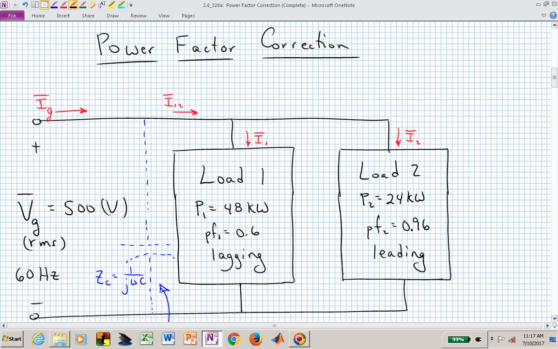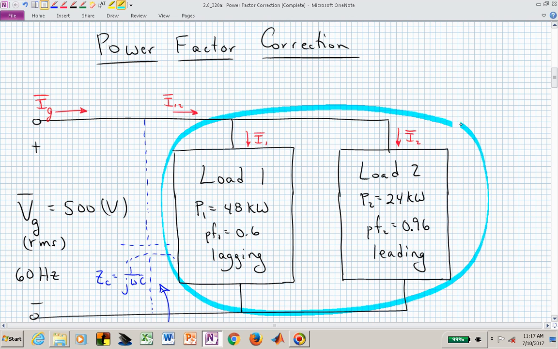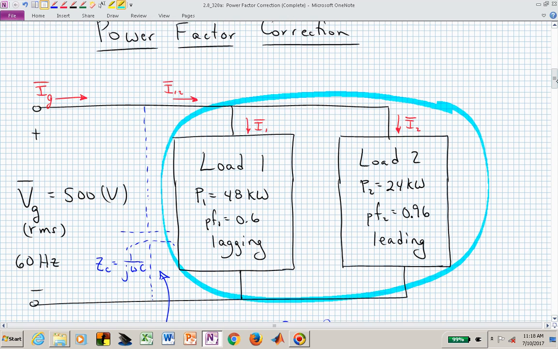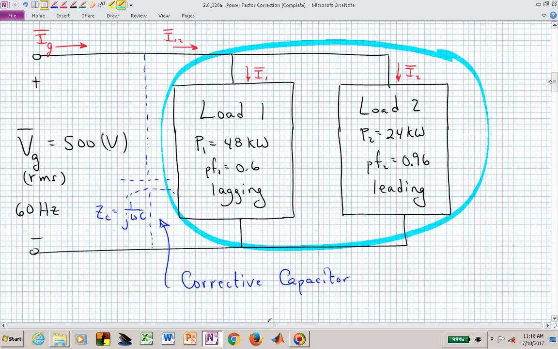We also have load number 2, so we have the net effect of the combination of these two. Now we want to introduce a capacitor, an impedance element, in parallel with those two loads so that we can correct the power factor or move it closer to a value of 1.